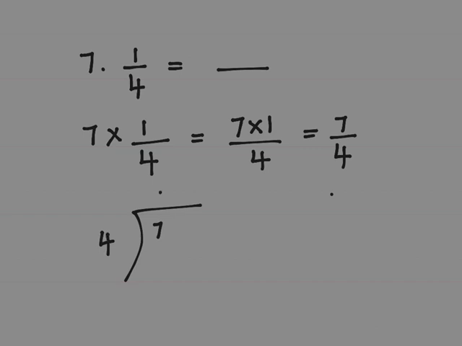How many 4 goes in 7? 1 four goes in 7. And let us subtract. 7 minus 4 is 3. So the answer is the quotient, which is 1. Write the remainder over the divisor. So the answer is 1 3/4.